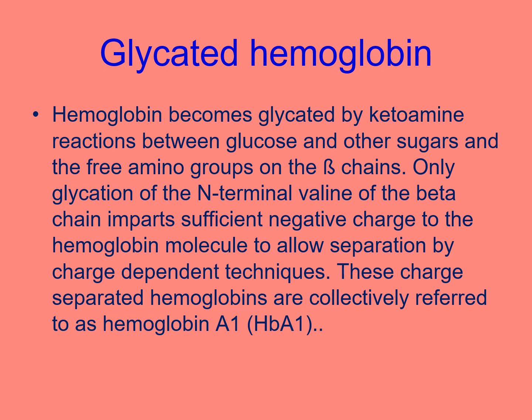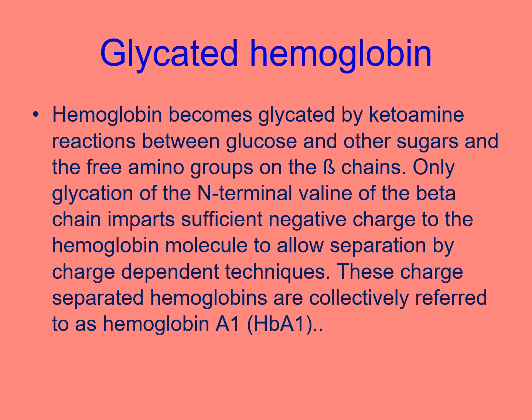Hemoglobin becomes glycated by a ketoamine reaction between glucose and other sugars and the free amino groups on the beta chains. Only the glycation of the N-terminal valine of the beta chain imparts sufficient negative charge to the hemoglobin molecule to allow separation by charge dependent techniques.